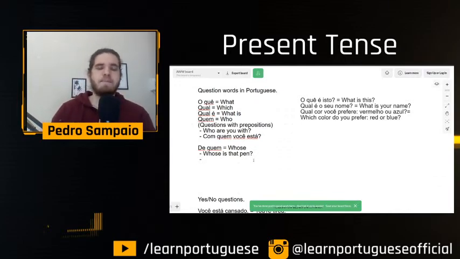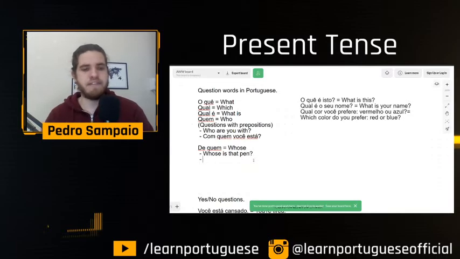Whose is that pen? Remember, that is far from everybody. And pen, caneta, is feminine. So the question in Portuguese is, of course, "de quem é aquela caneta."